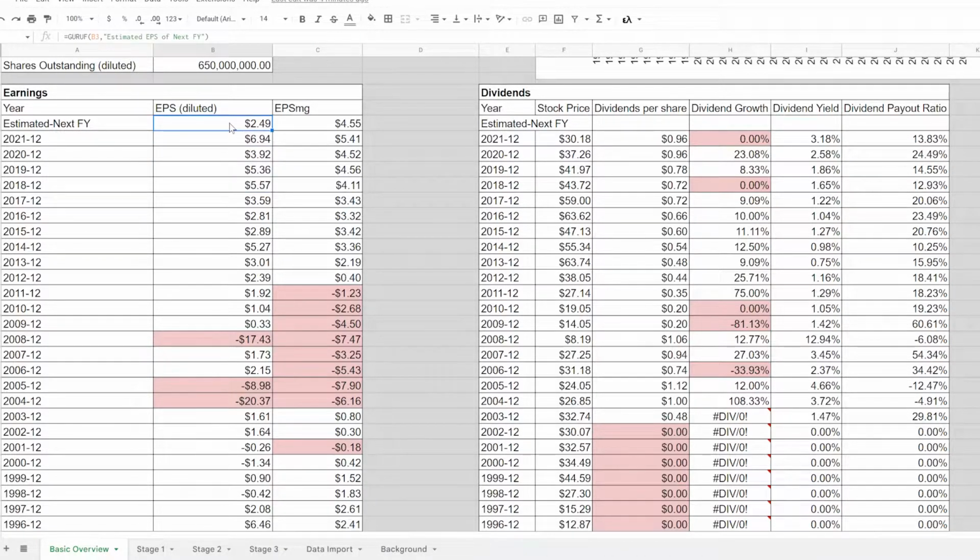It looks at these ones here to get that figure, putting the most weight on the most recent. So you can see that the earnings per share have been rising slowly. For the most part, we've seen a lot of growth on the earnings per share Modern Graham side, which really goes to indicate that they have improved from these really down years.